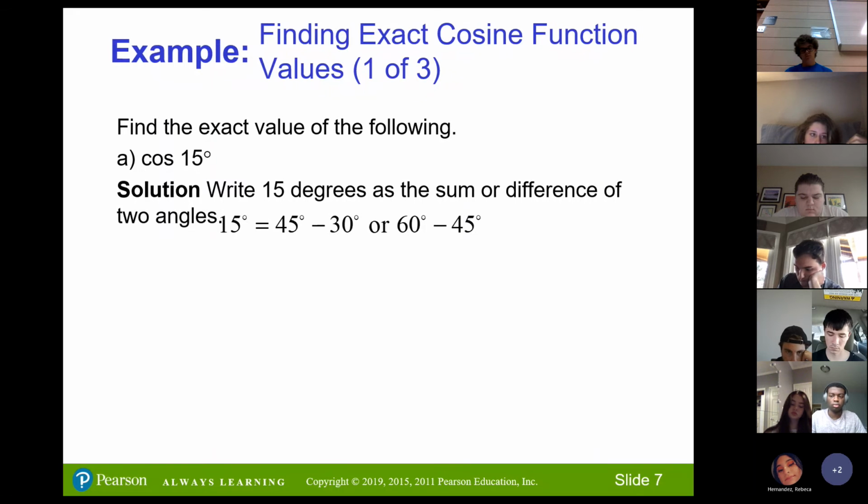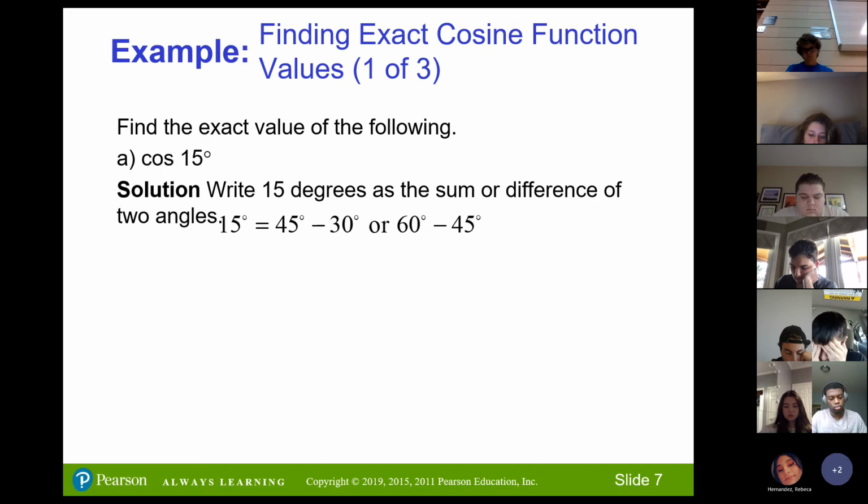So you're going to use cos cos minus sine sine. I'm going to pick 45 and 30. They're smaller numbers. I don't know what the slide's going to pick, but I would pick 45 minus 30. So I would say cosine of 45 degrees minus 30 degrees is equal to cos cos minus sine sine.